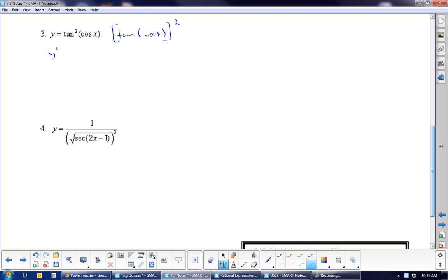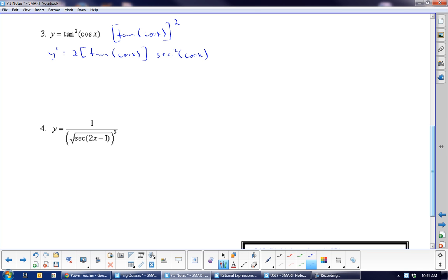So y prime would equal 2 tan cos x. Now theoretically I don't need those brackets there anymore, but I wanted to show that I was doing the outside first. Now I'm going to do the derivative of the inside of those brackets, which is secant squared cos x.